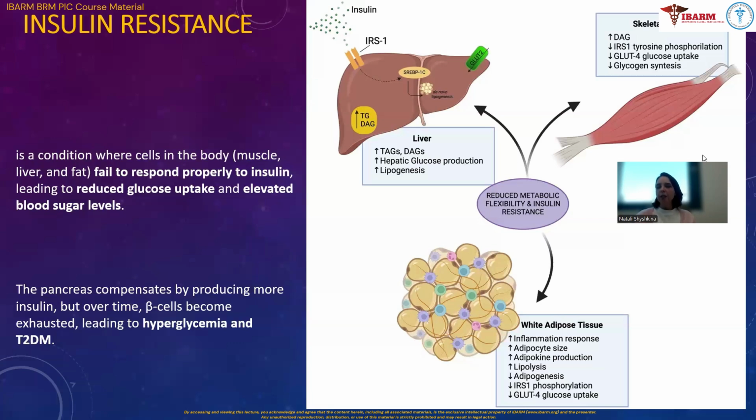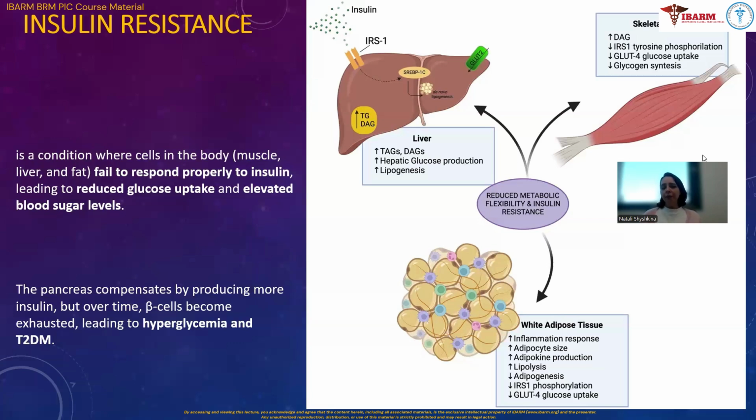So these three organs are responsible for glucose uptake and metabolism. That's first. We also have to remember that insulin resistance means that cells in these organs fail to respond properly to insulin, and that can lead to reduced glucose uptake and increased blood sugar level. That's what I want you to keep in your mind.